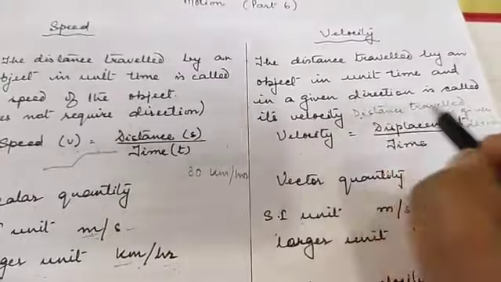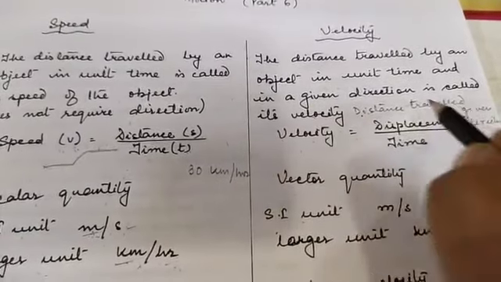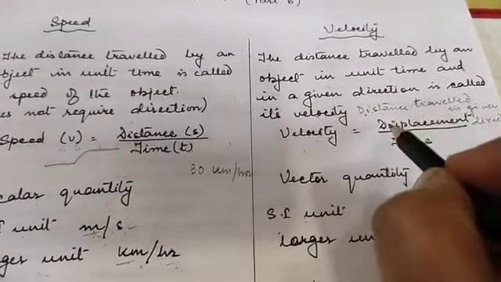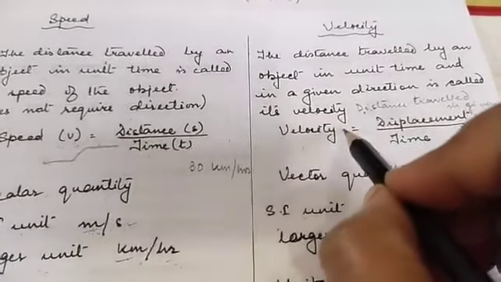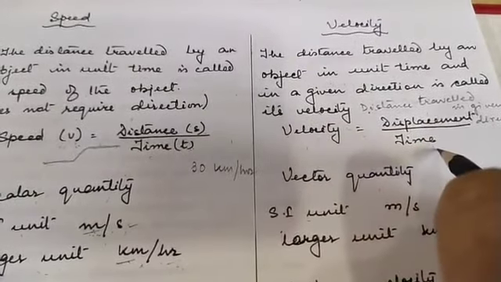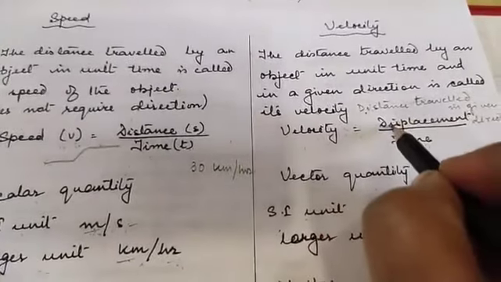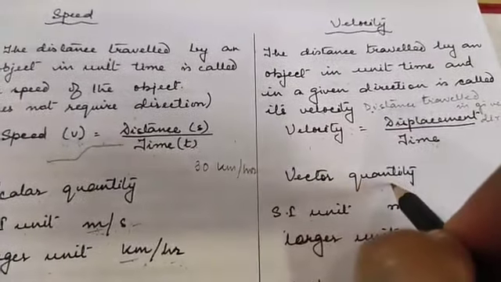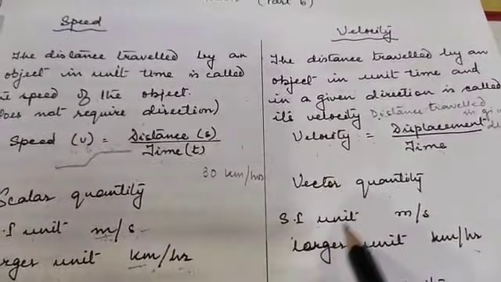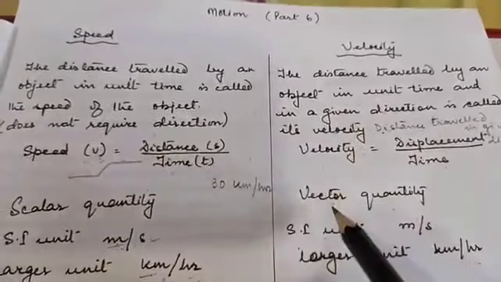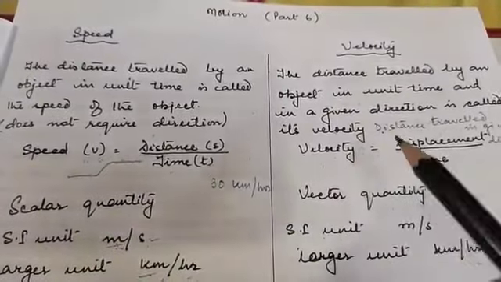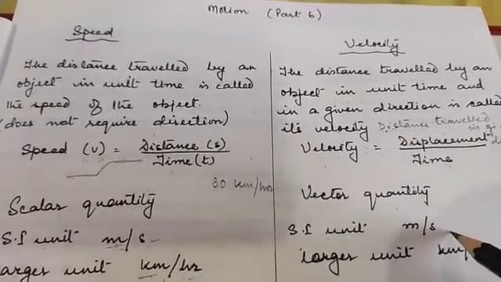Now what is distance traveled in a given direction? Distance traveled in a given direction is the displacement. So velocity is displacement by time. Since velocity needs a direction, it is a vector quantity. The SI unit for velocity is the same as that of speed, that is meter per second.